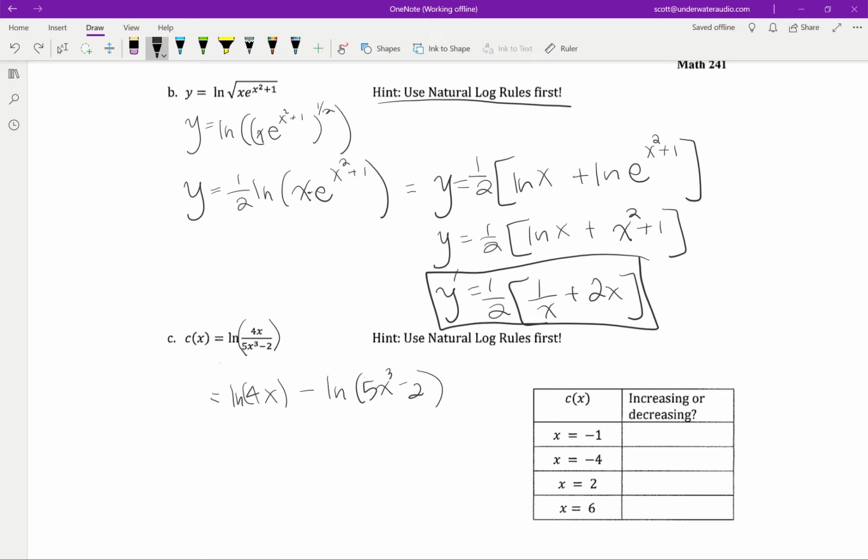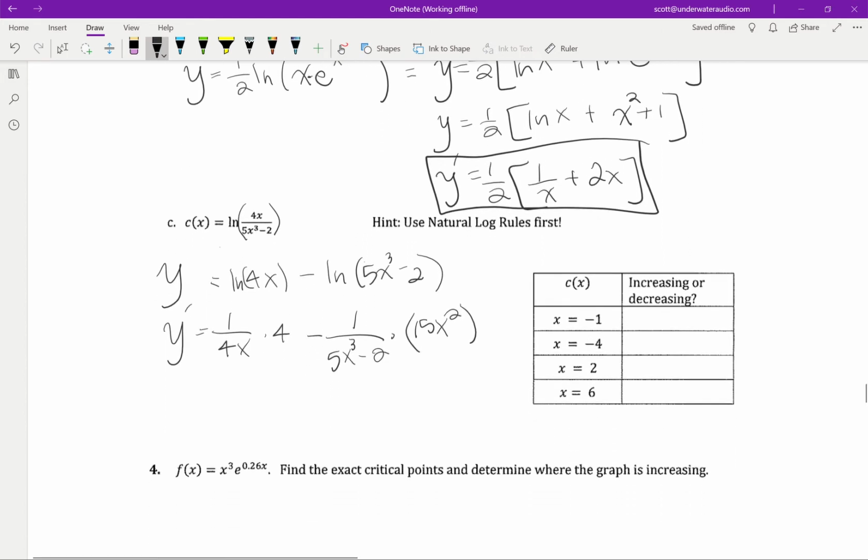So let's see, derivative of this might not be so bad. Y prime would be 1 over the inside function, and then times the derivative of the inside, which is just 4. And then same thing, 1 over the inside function, and then times the derivative of the inside, which would be 15x squared.